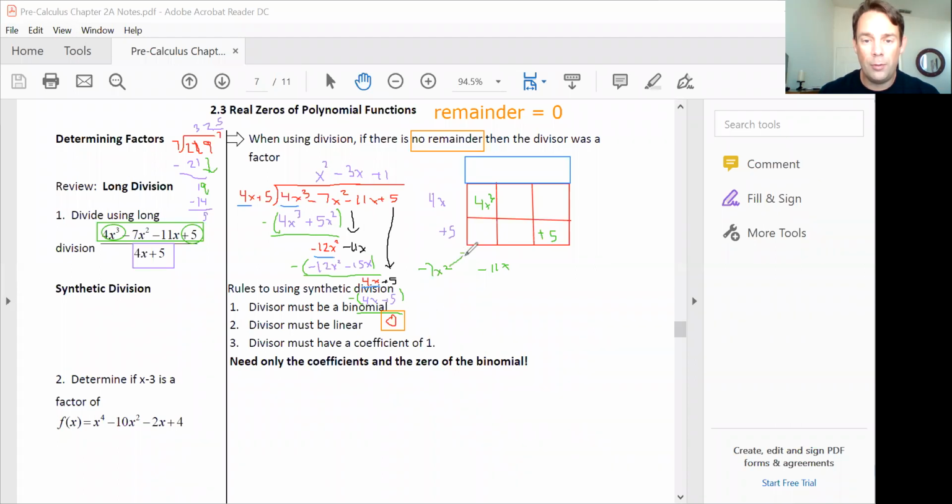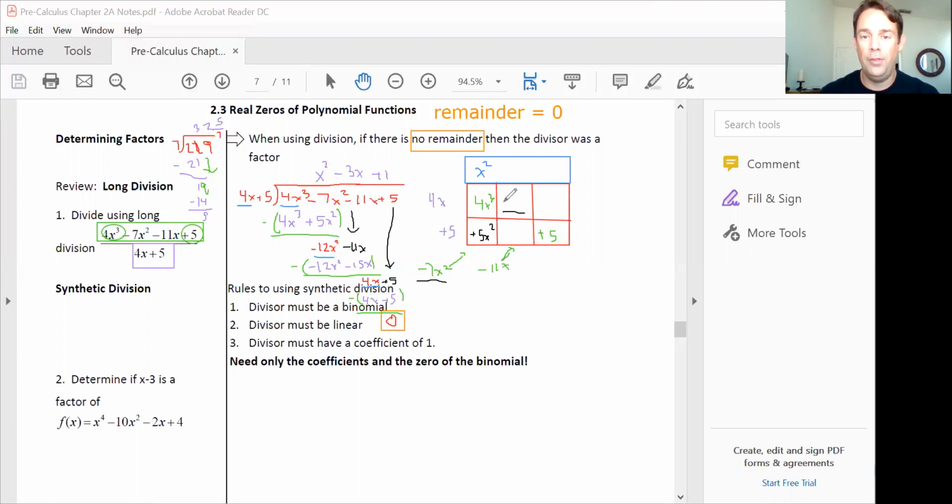I'm going to make these arrows a little bit shorter so I know what I'm looking at here. There we go. All right, so we go through here. 4x times what is 4x cubed? And you guys would have told me, well, that would have been x squared. So if I finish off my generic rectangle here, I get x squared times 5 is a positive 5x squared. But then I know that the positive 5x squared plus this rectangle has to add up to negative 7x squared.